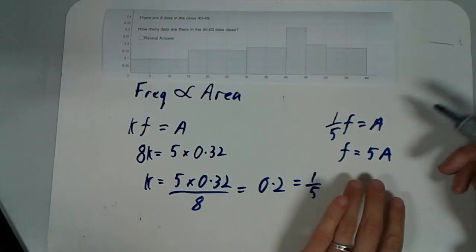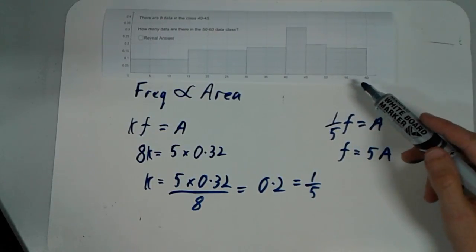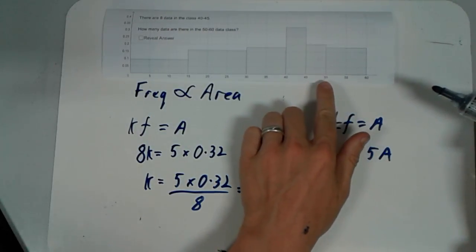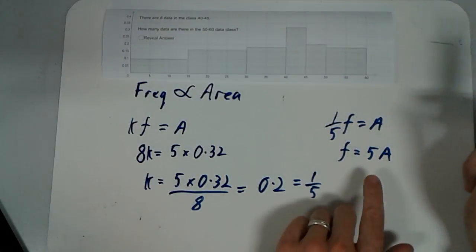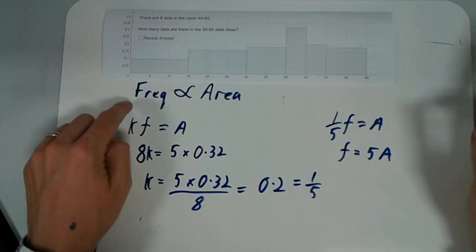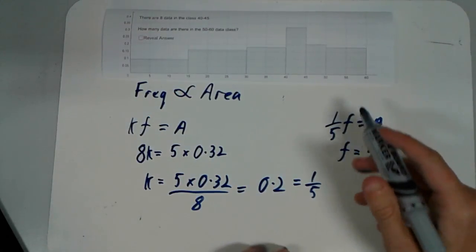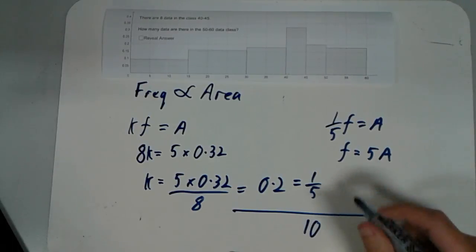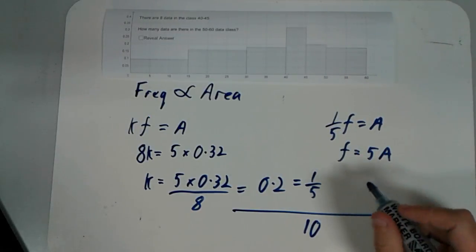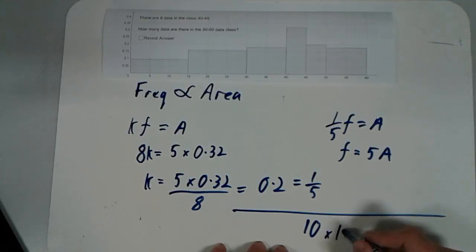Okay, so now that we know our constant, we can complete this question. If we can find the area of the class 50 to 60, we can therefore calculate the frequency using our constant. So the area, it's 10 wide, and looking closely, that is 1.8 high.